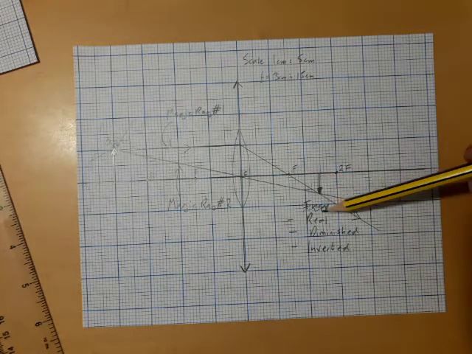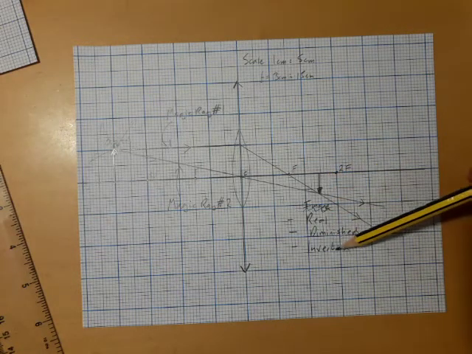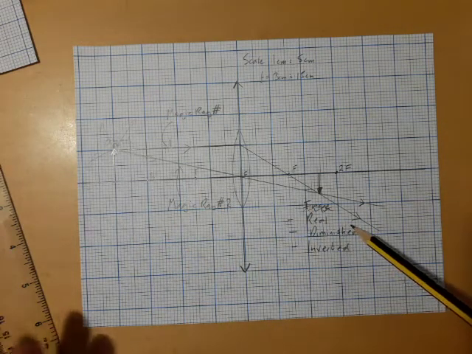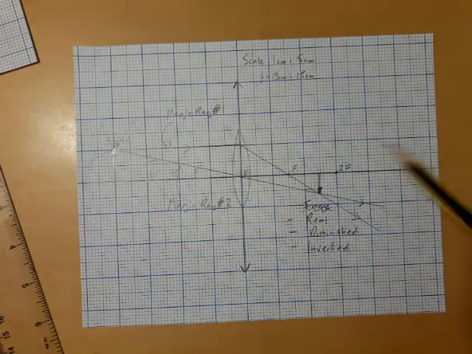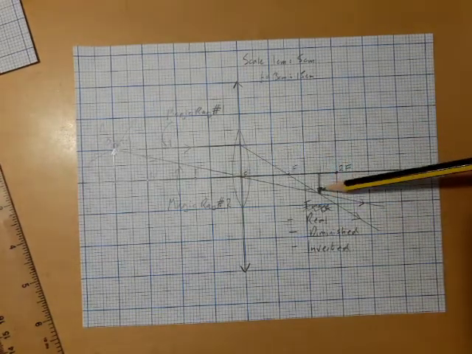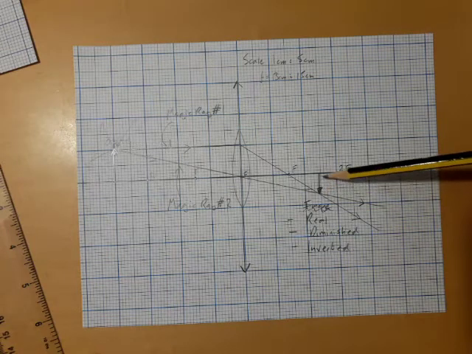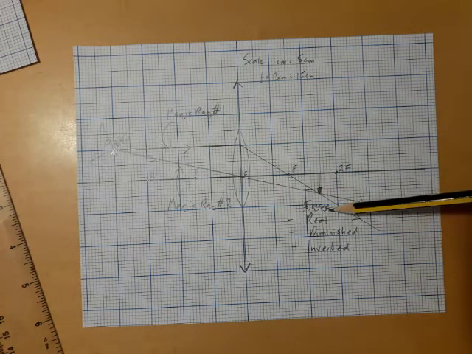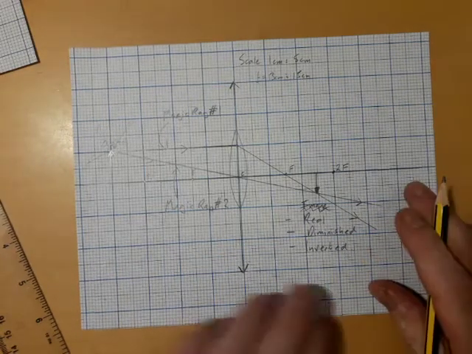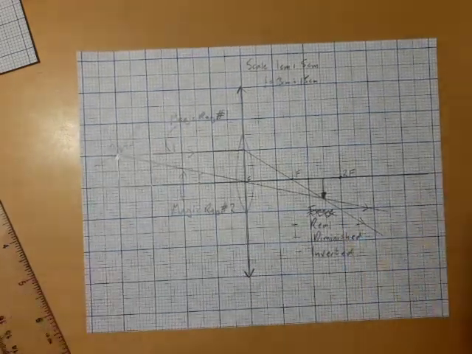The image was real, diminished, and inverted. So the power of the ray diagram is that simply by using the two magic rays, it can predict where the image is, it can predict what size it is, and it can also predict its nature. Okay, so that's ray diagram number 1.